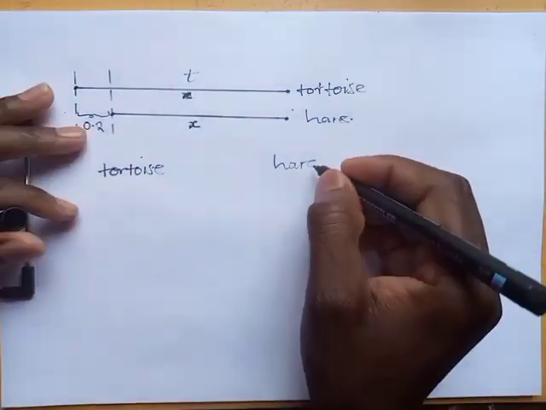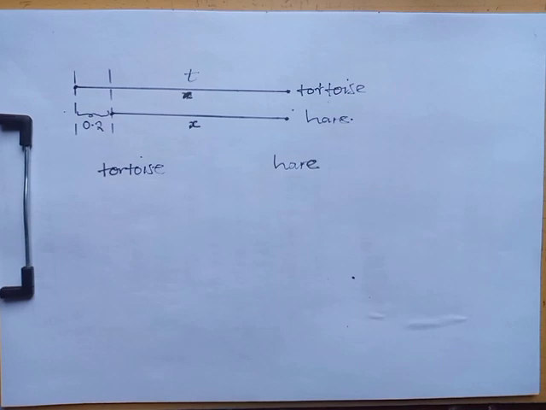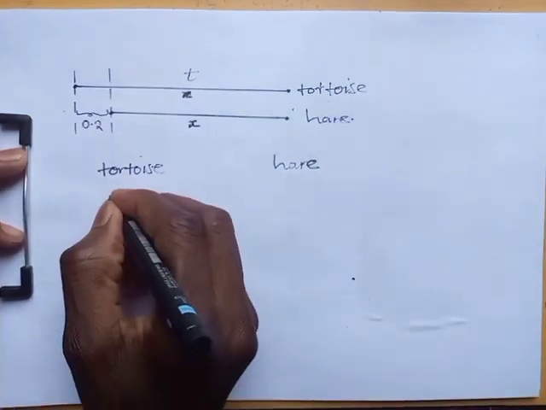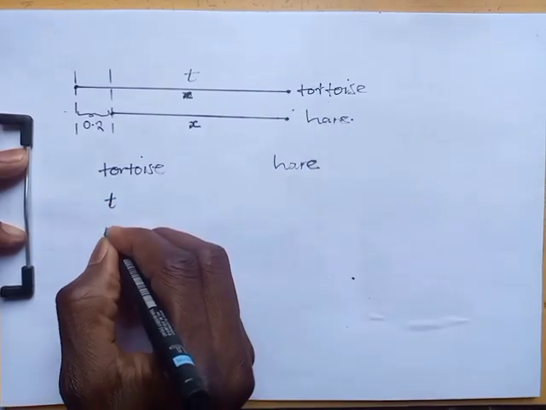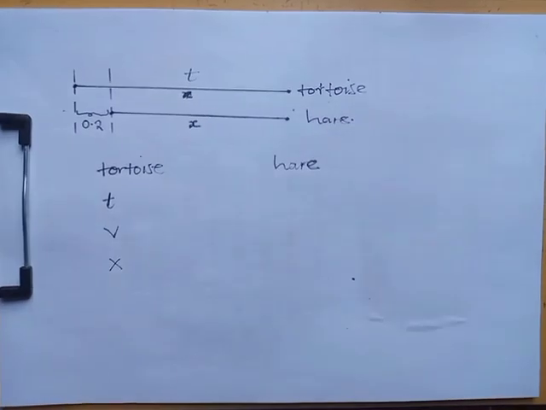So we are going to have three different quantities: we must have time, we must have velocity, and also we are going to have displacement, for both the tortoise and the hare.